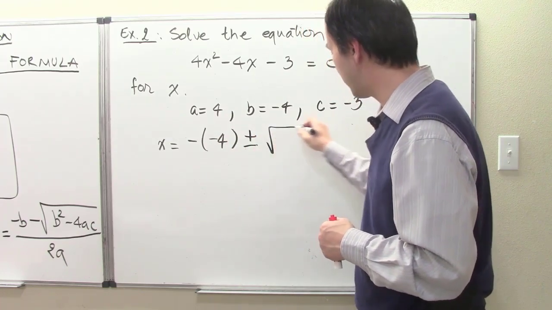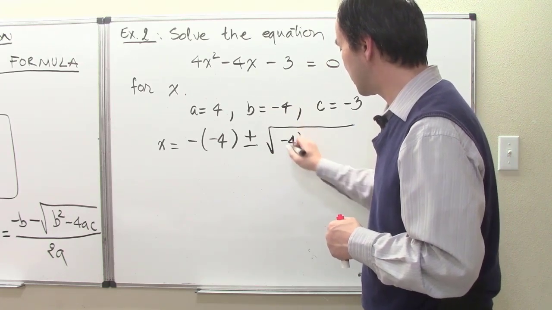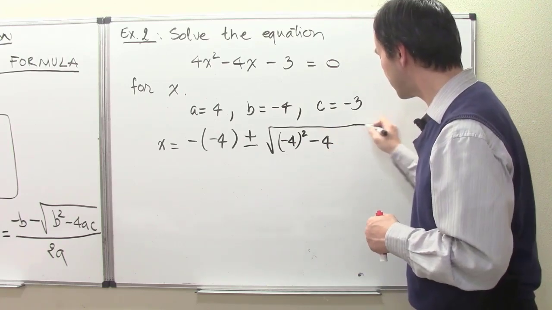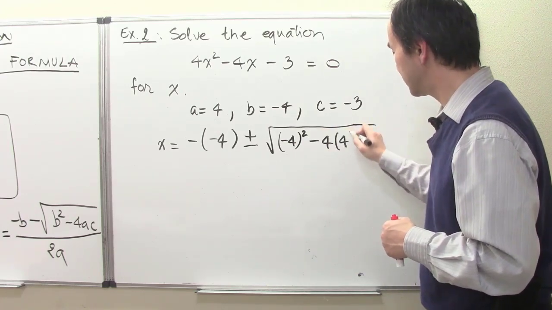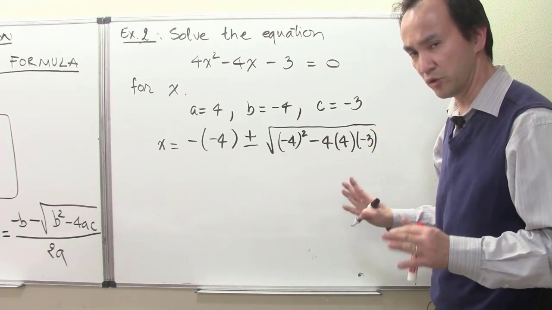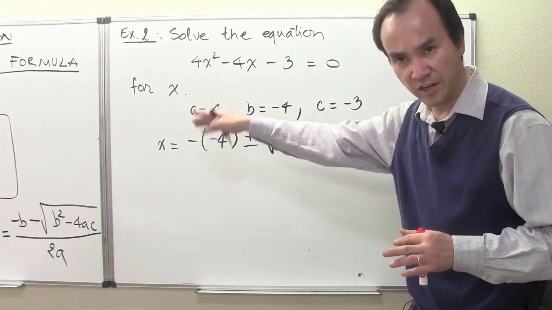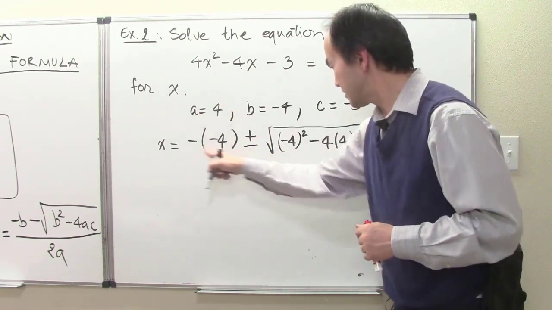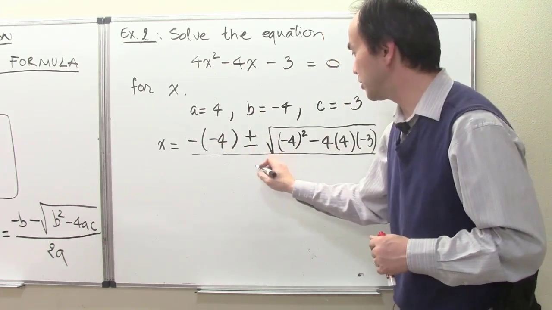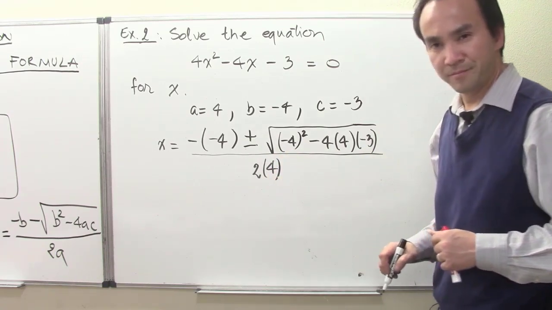Now we have the square root expression: b squared, which is negative 4 in parentheses squared, minus 4 times a, which is 4, times c being negative 3. You can see in my style, I use parentheses very carefully anytime I'm substituting a value into a formula. Whatever comes out, we divide by the product of 2 times a, which is 4, so 2 times 4.